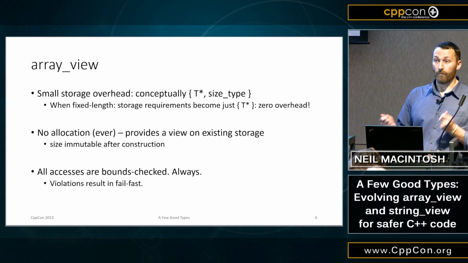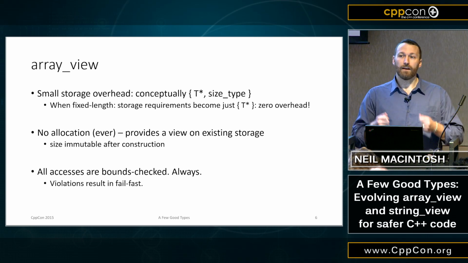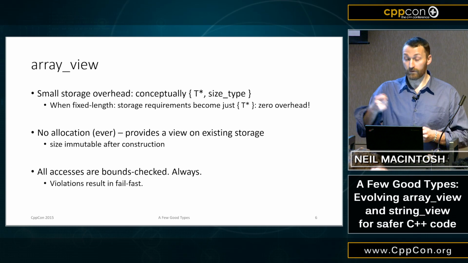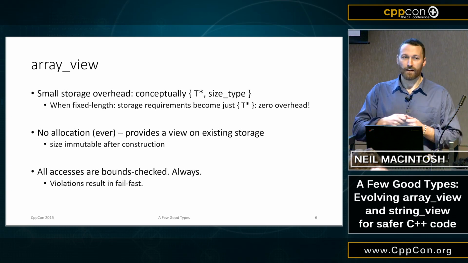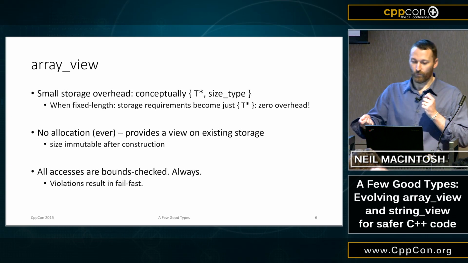The type system remembers the size for you. You don't need to store it in the array view anymore. So that means you can have exactly the same calling overhead as you used to have when you were just passing a raw pointer and just assuming in your calling code that it had 10 elements. So that's one of those, hey, we can get here with zero overhead over your old code.